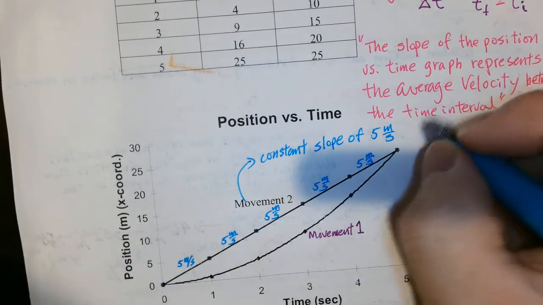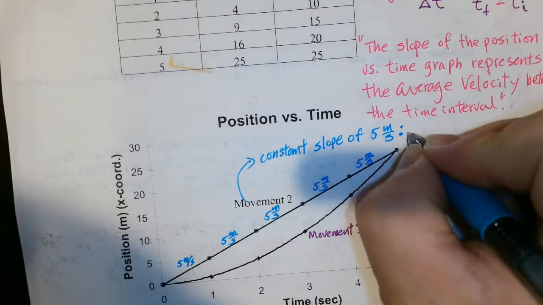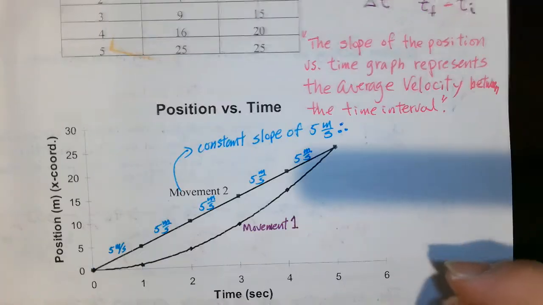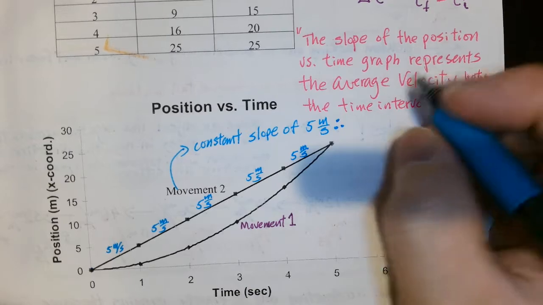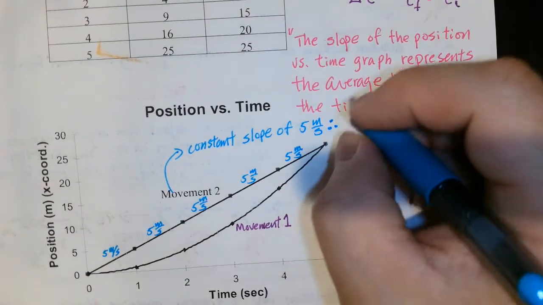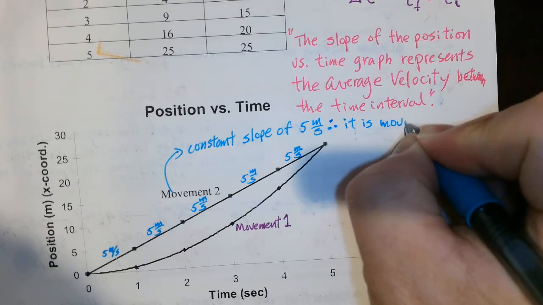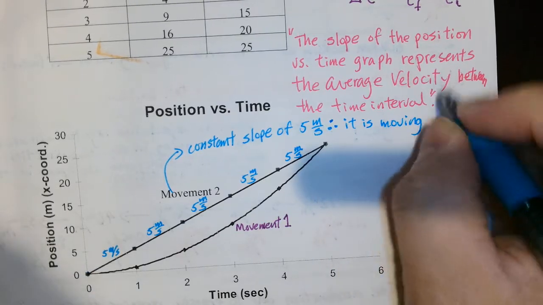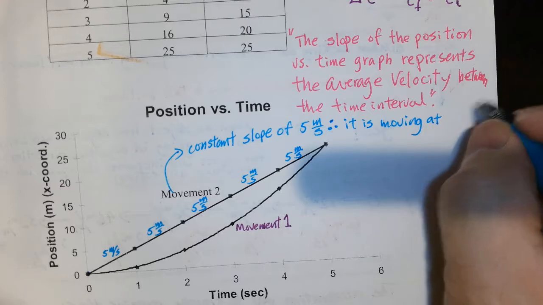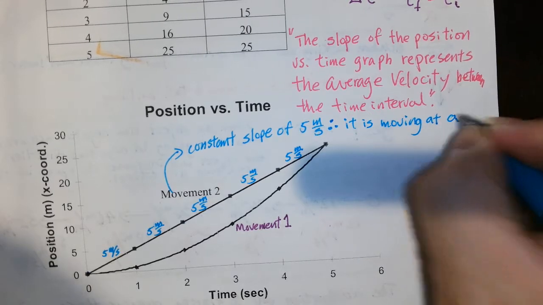Okay? Therefore, the three dots mean therefore. It is moving at a constant speed.